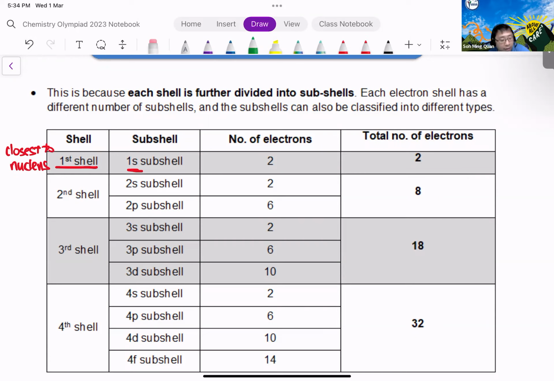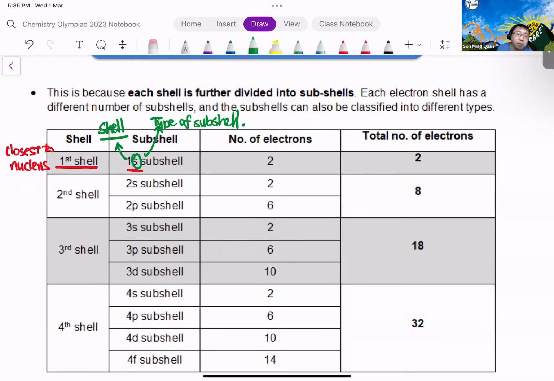The number in front tells you what is the shell. 1 means first. 1s means first shell, s subshell. So the s is the type of subshell. Okay? So the 1s subshell accommodates 2 electrons, and that's why the first shell only has 2 electrons maximum, because there are no other subshells in the first shell.